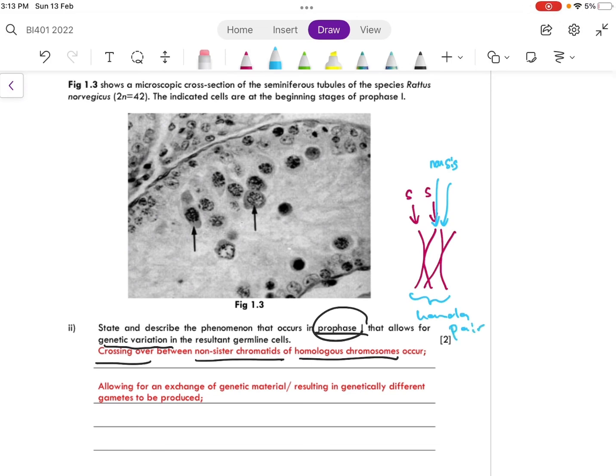They are only sisters if they are joined together at the same centromere. They are not sisters if they are not joined to the same centromere. So it is crossing over occurring between non-sisters of homologous chromosomes. This allows for exchange of genetic material so that we can produce different sex cells or gametes.